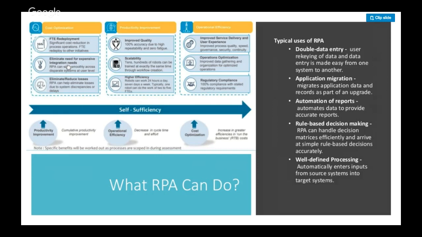Then rule-based decision making. So let's say you have a certain set of steps which are cross-application. For example, you have to open a mail, download a report, verify whether the report is fine or not, and if it is, then upload the report to SharePoint, and then fill up a form saying it's been verified.